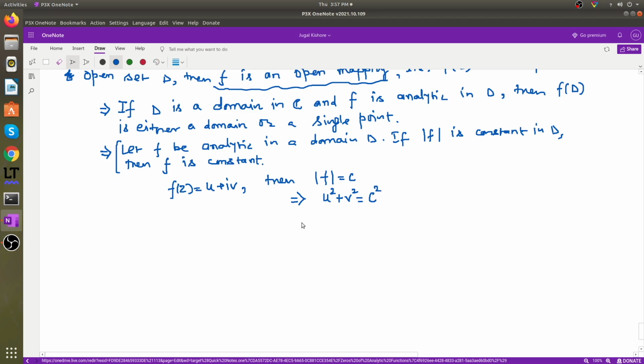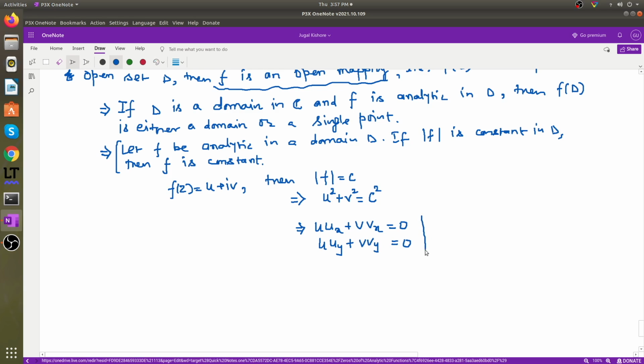Now if we differentiate this with respect to x, we get u times ux plus v times vx is equal to 0. Also if we differentiate this equation with respect to y, we get u times uy plus v times vy is equal to 0.